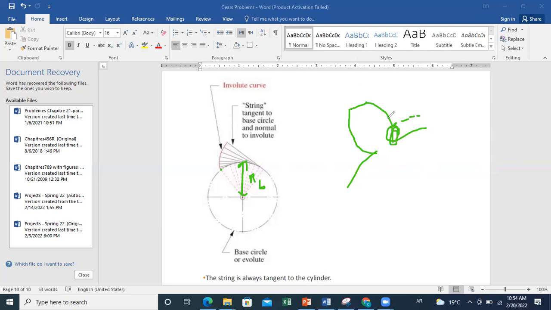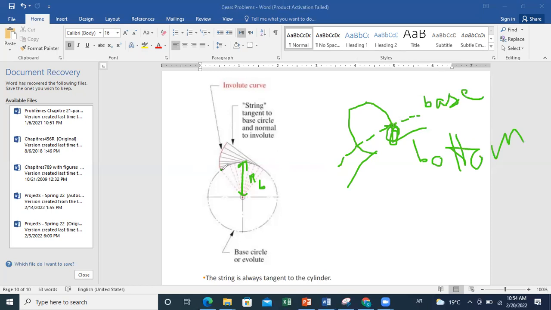But the base circle is defined as the start of the involute profile. Below it, you can have a different profile until reaching the bottom circle. So this is your bottom circle, and this is your base circle. And the involute geometry will start from this level.